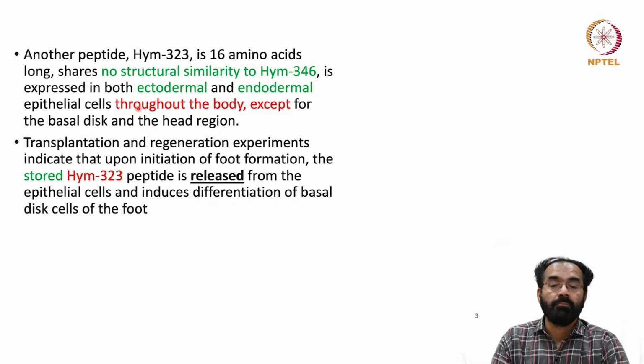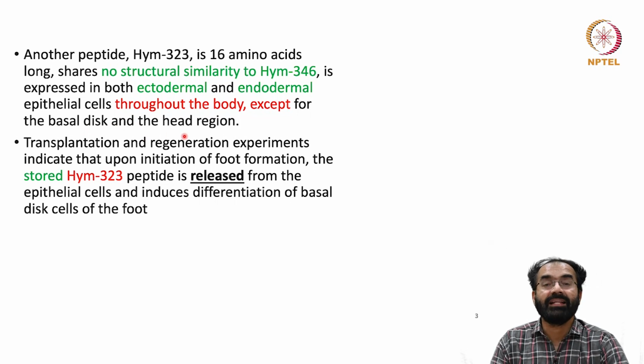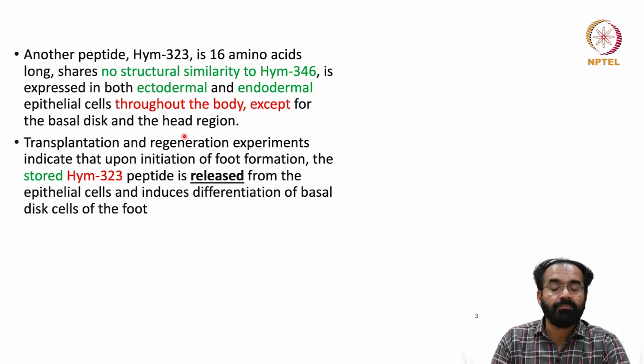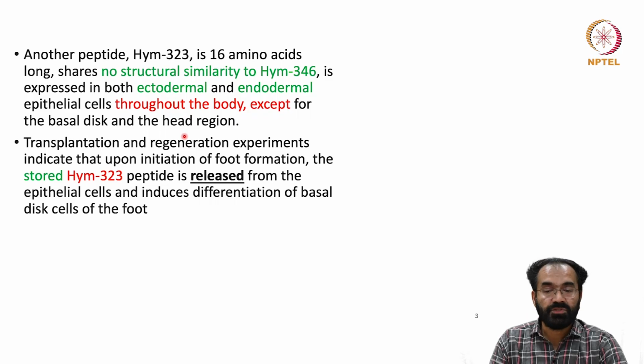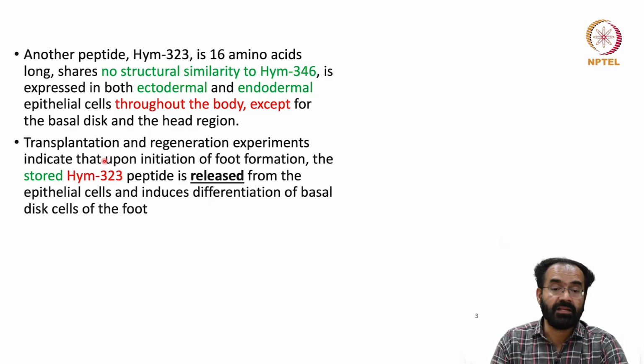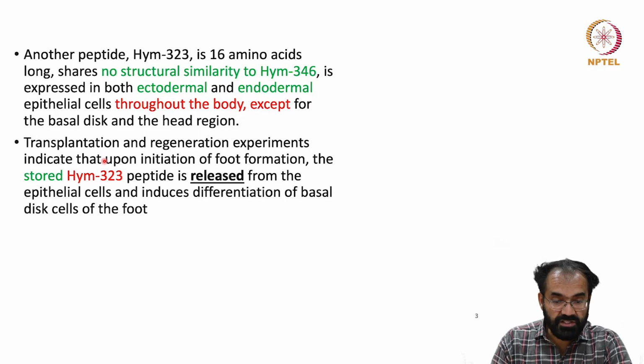It is expressed both in the ectodermal and endodermal epithelial cells throughout the body, except for the basal disc and the head region. So this HYME323 is capable of providing positional identity. It is contributing to the positional identity.